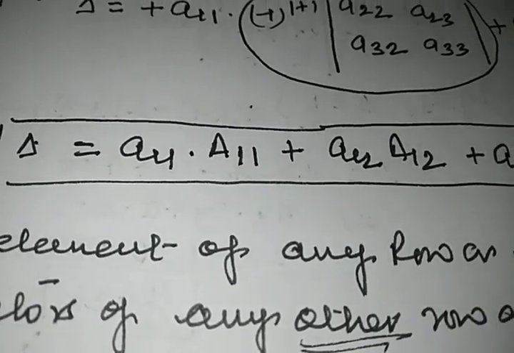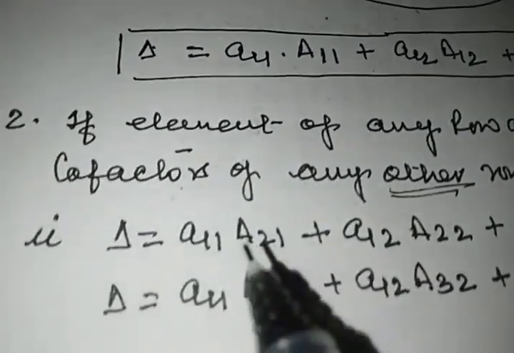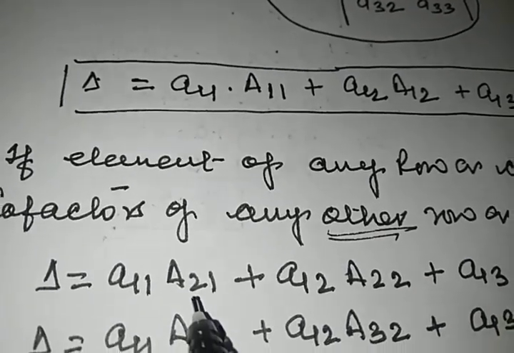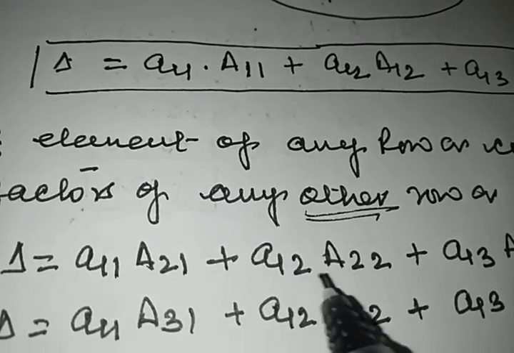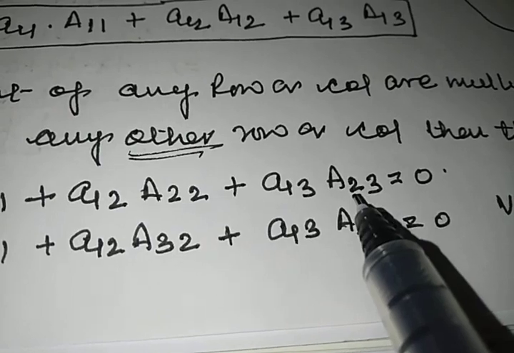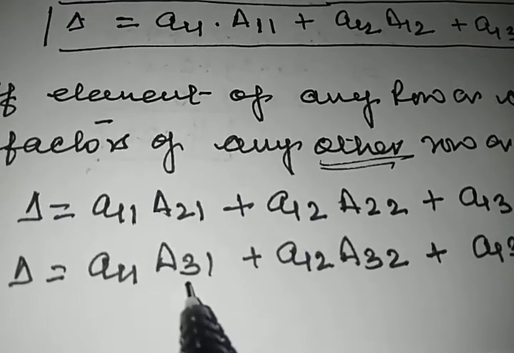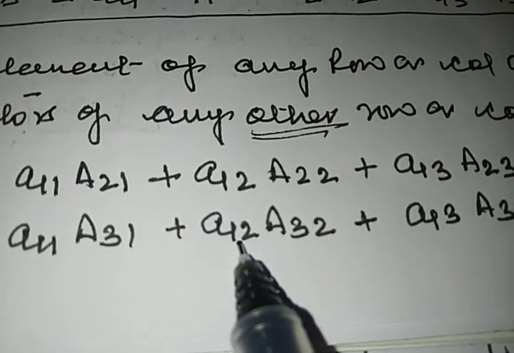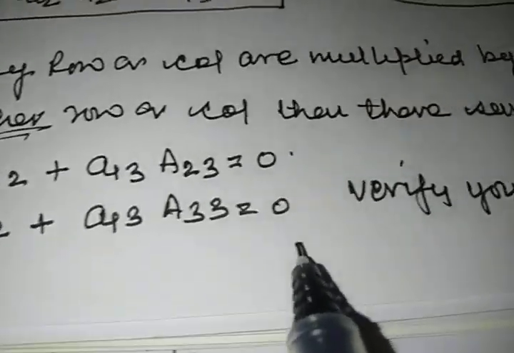Now, if you multiply by the cofactors of any other row or column, then the value will be 0. See, here it is A11, the element of first row, and this is the cofactor of second row. So this will be 0. Similarly, this is A11, first row, cofactor of third row, which is equal to 0.